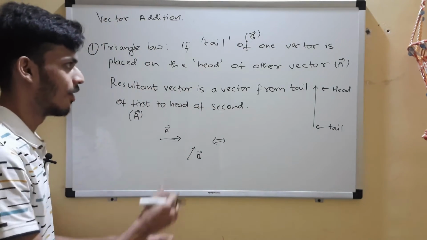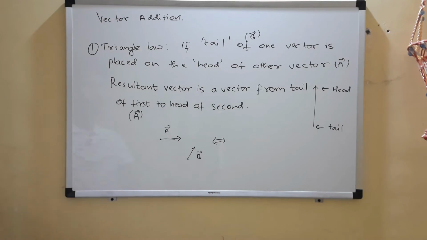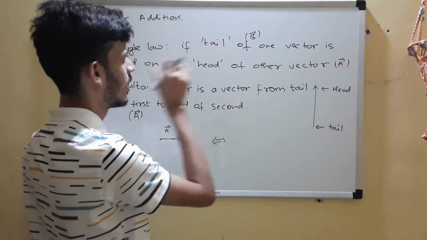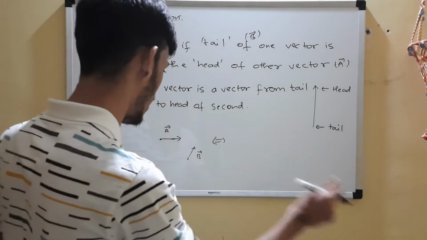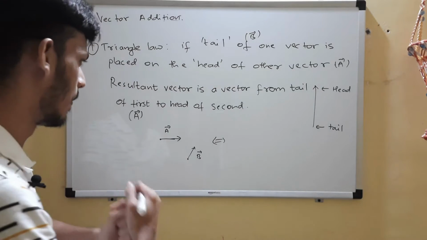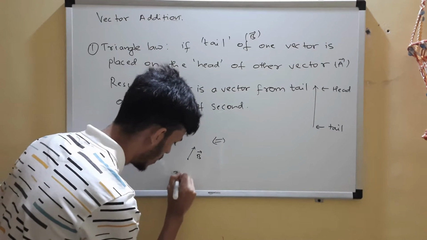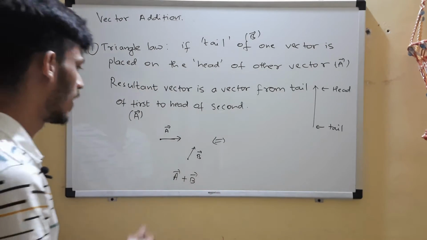Now you can see that the first condition itself is not satisfied. The tail of one vector is not on the head of the other, they are apart. I've asked you for A plus B, the resultant vector.